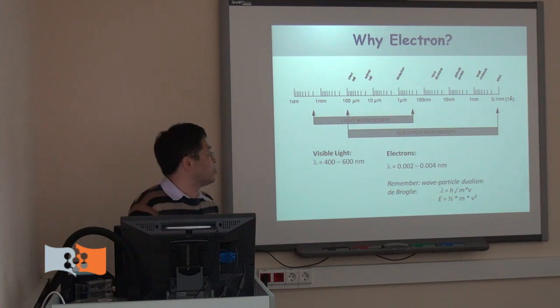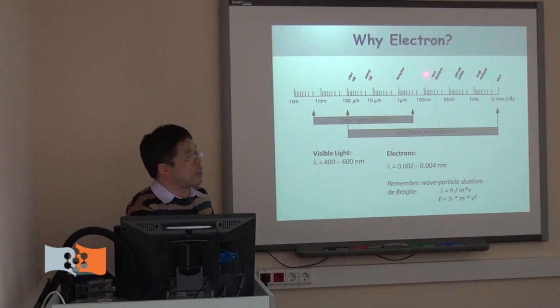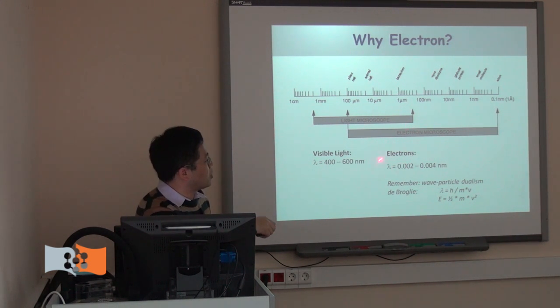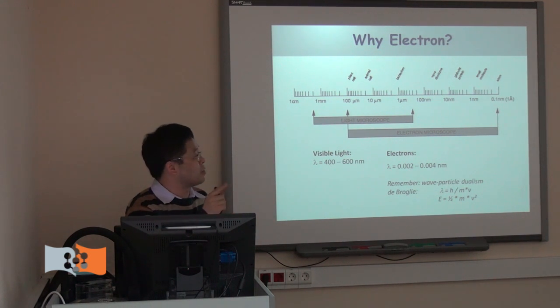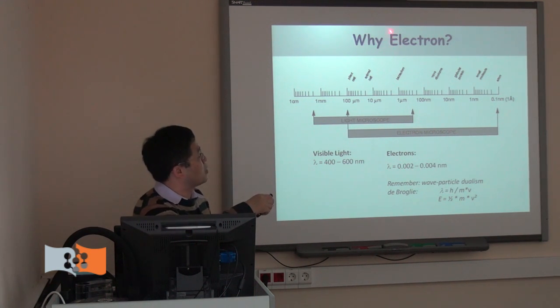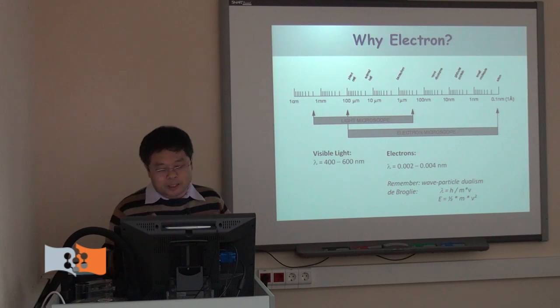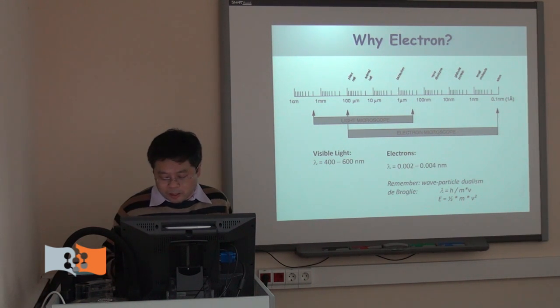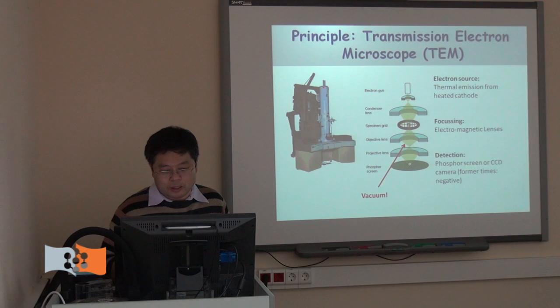That is the principle of light microscopy. But for electrons, the wavelength is much shorter, so the limit of your resolution is much higher than with visible light. That is the reason we use electrons: they give much more detailed information of the structure.